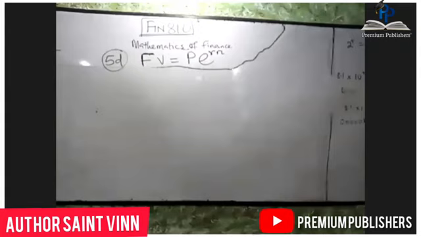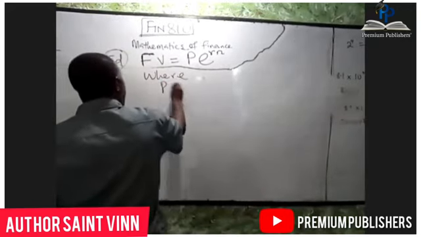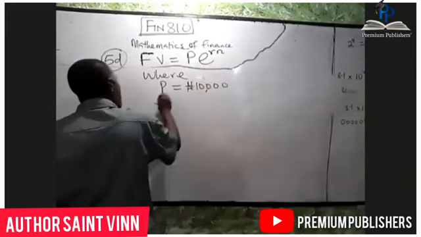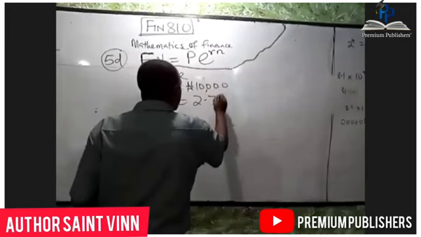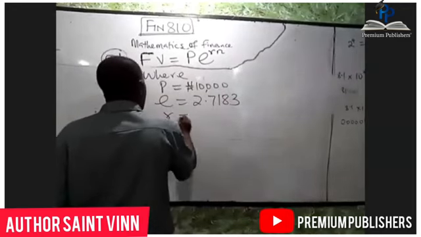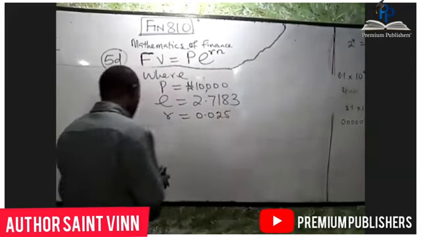So, let's throw more light on that. Where P, our present value, is 10,000. Our E is 2.7183, a constant. R is how many percent? 0.025.